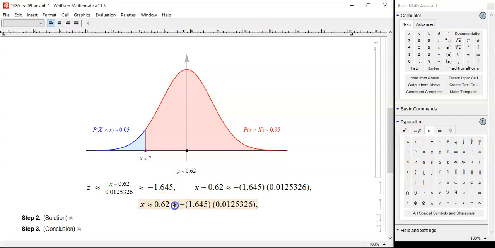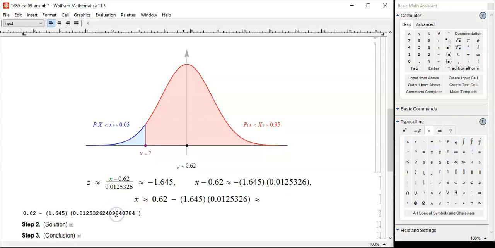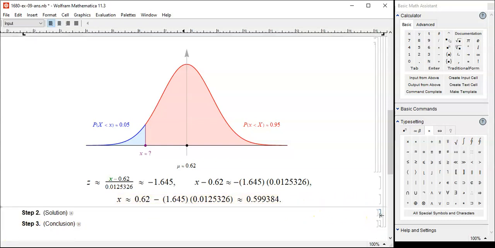Flip this one over to the other side as well. Flip this one to the other side as well. This is what we get. And then this computation yields, let's put some space in between. Let's do this computation using Wolfram Mathematica. And I'm getting 0.5999 something, about 0.60, 60%.